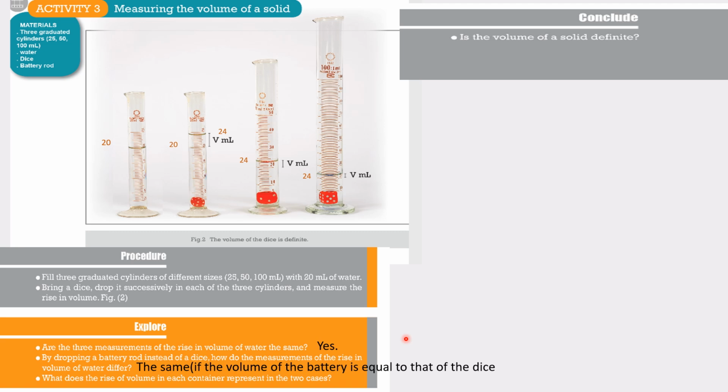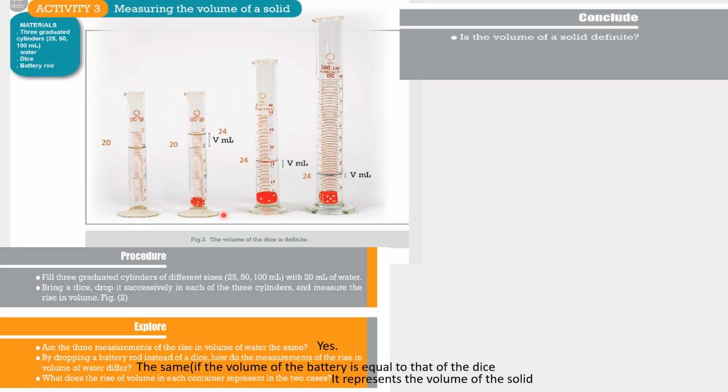Conclude. Is the volume of a solid definite? First, let's measure together the volume of the solid, the dice. Before we drop the dice, the volume V1 is 20.